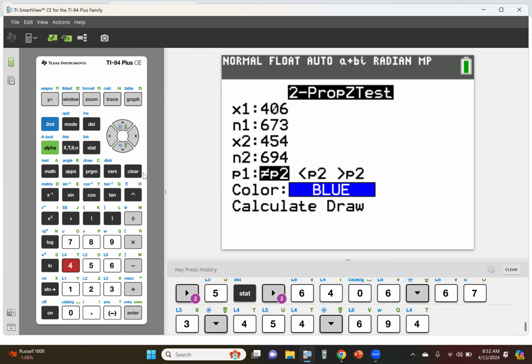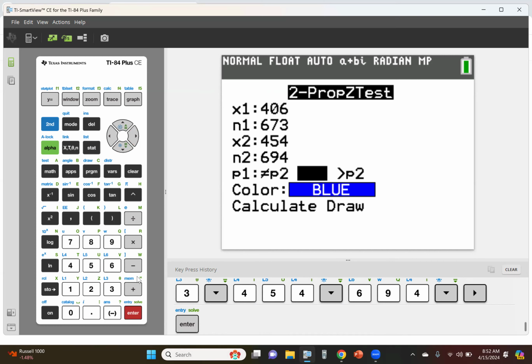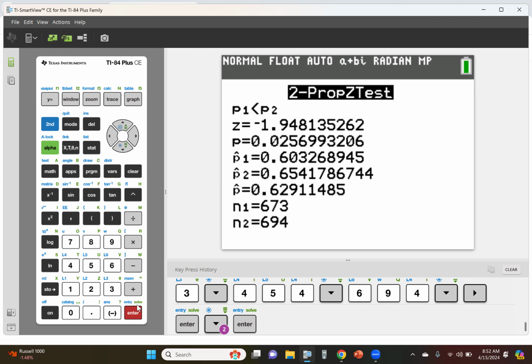And we're interested in whether the Republicans are less than the Democrats, so is P1 less than P2? I get a z-score of negative 1.948.